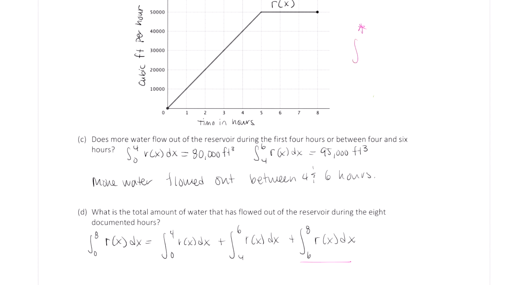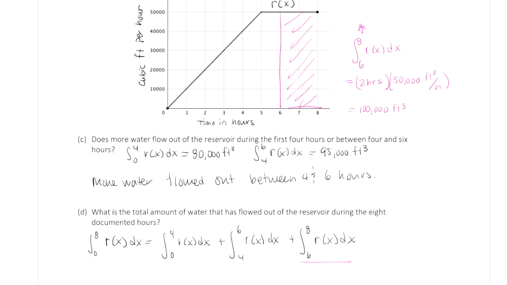So the integral from 6 to 8 of r of x dx is equal to, and that's this region, and again I'm using pink, the base is 2 hours. My height represents 50,000, and I keep wanting to say gallons, but they wrote this as feet cubed per hour, so I'll leave it that way. So 50,000 feet cubed per hour, so that becomes 100,000 feet cubed.